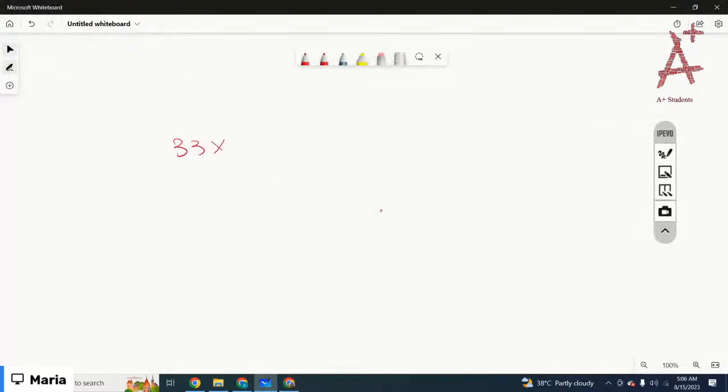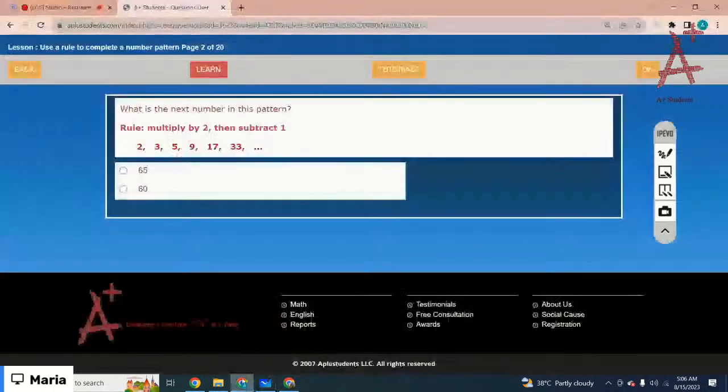So just do 33 times 2 and take away 1. That would be 33 times 2 is 66, and 66 minus 1 is 65, right? That means the next number in the pattern would be 65. The correct option is 65.